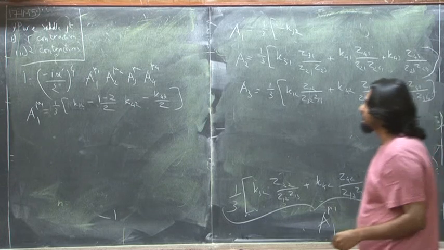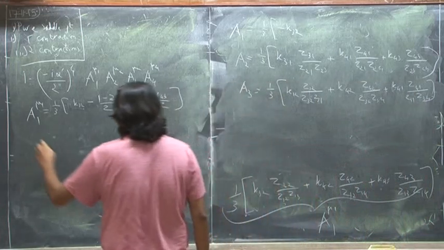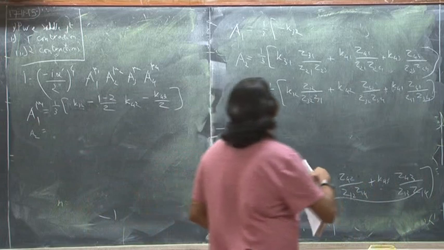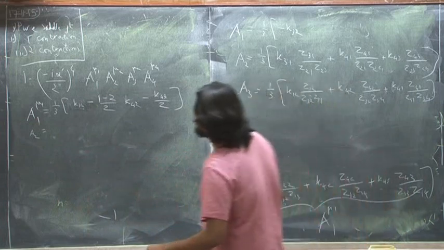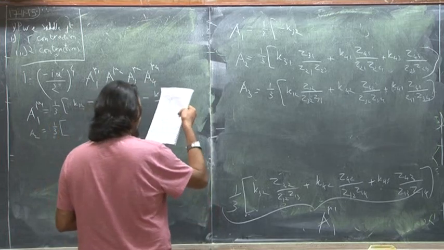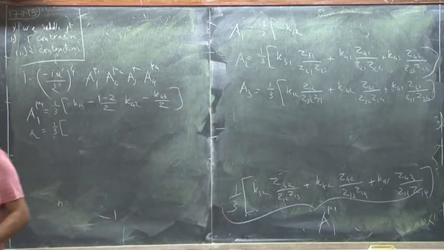A4 I won't write because it's too easy. I'll write it as well. A2. Right. Let me write down the equation and see if it works.